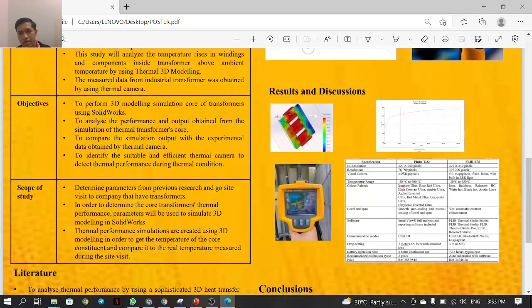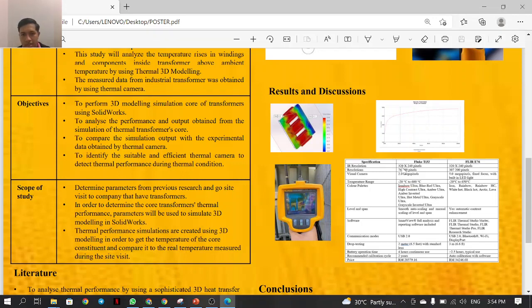For the result, on the first picture at the upper right, we can see the thermal performance of the simulation of the core transformer. The highest temperature we get is 50.38, and the minimum temperature of the winding is 36 degrees. On the right side, we can see the graph of the core transformer simulated in 100 cycles.